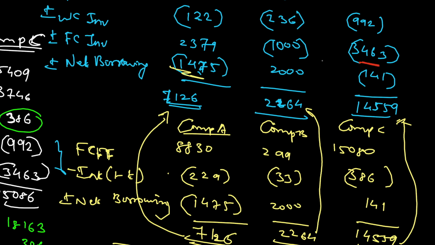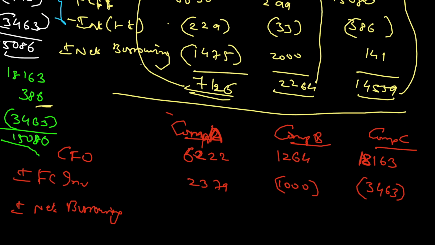Then net borrowing I copy from this: 1475 in minus, 2000, and then 141.